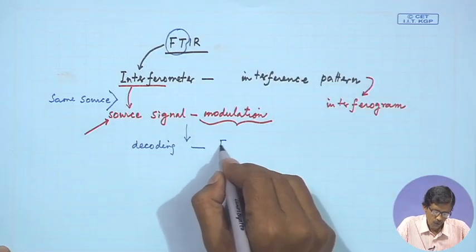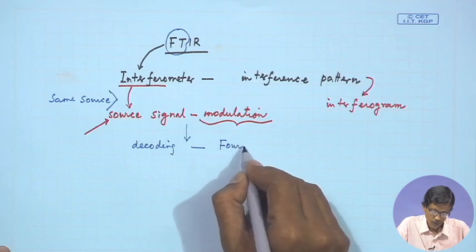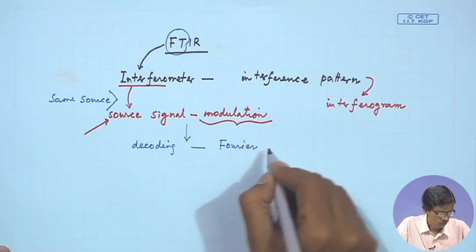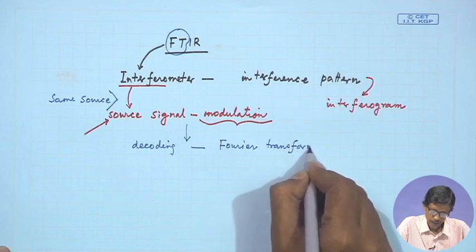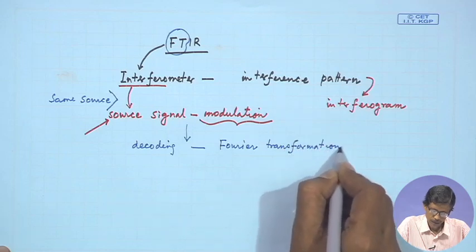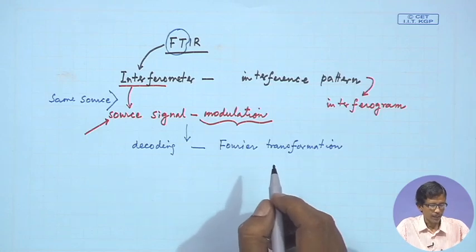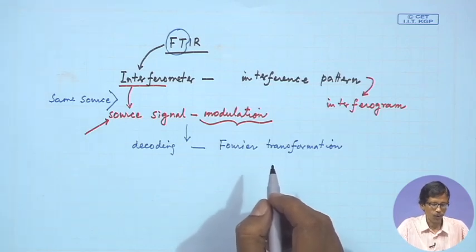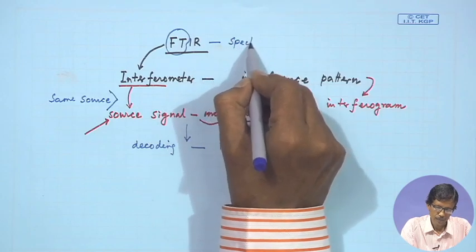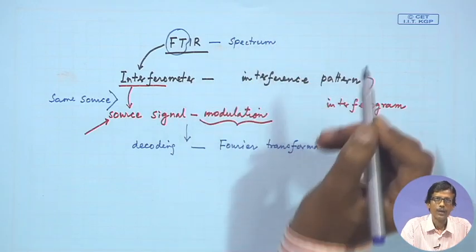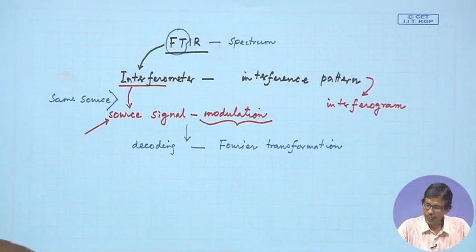We can go for Fourier transformation such that we can have the corresponding FTIR spectrum. In that way, we will be able to get the FTIR spectrum.